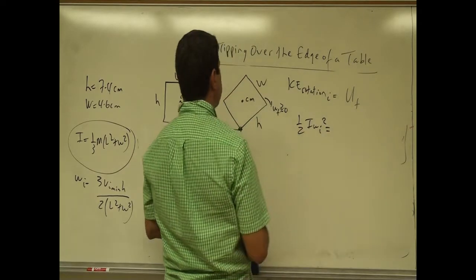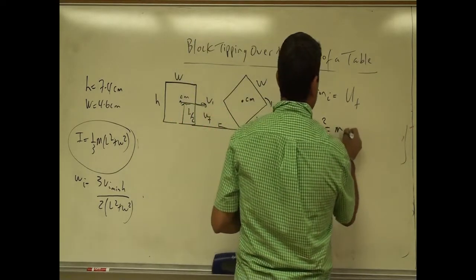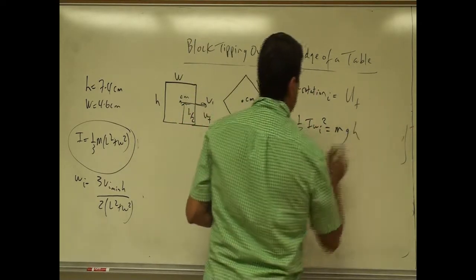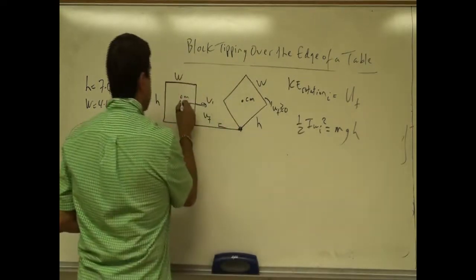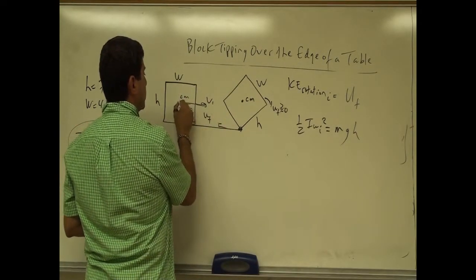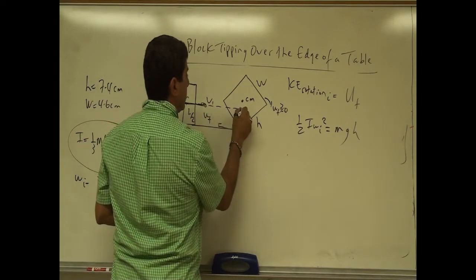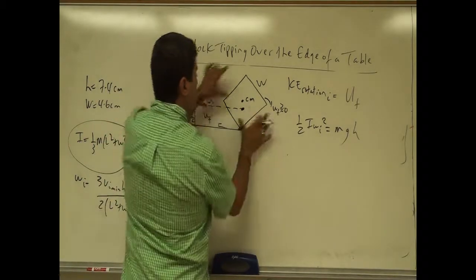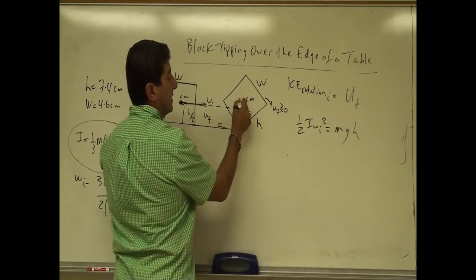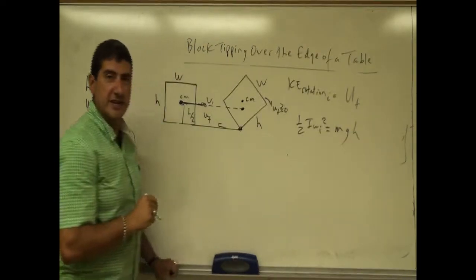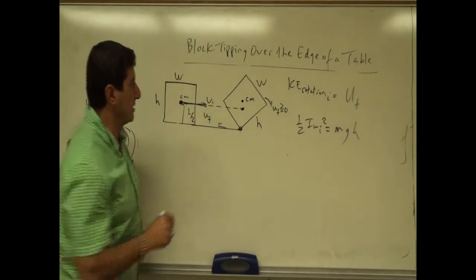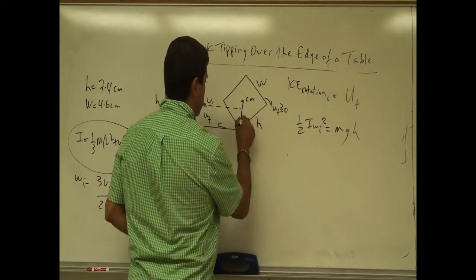That's equal to the final potential energy that it has, mgh, right? Well, what is the final potential energy? It's the difference of the height of the center of mass from where it used to be to where it is if it goes over here and tips over, and the center of mass is lying right over the pivot point, right? So it's basically this distance right here.